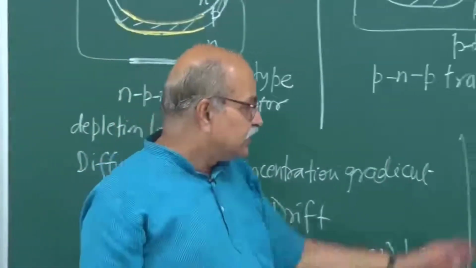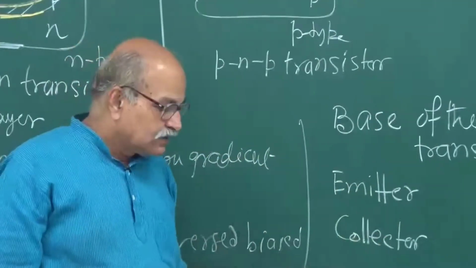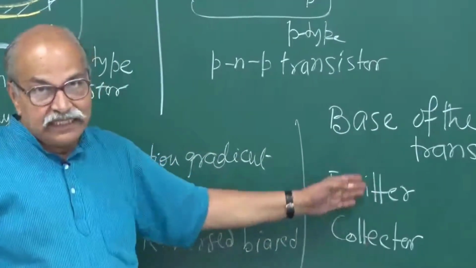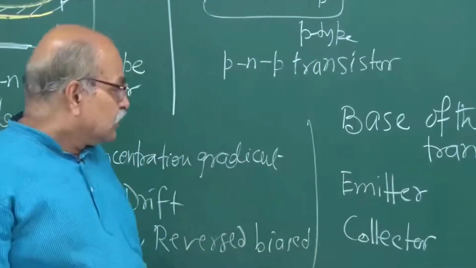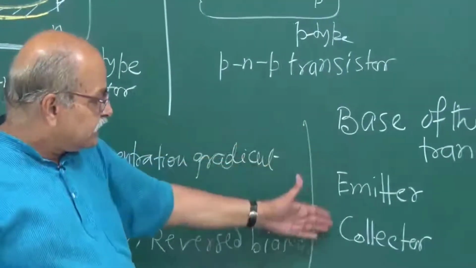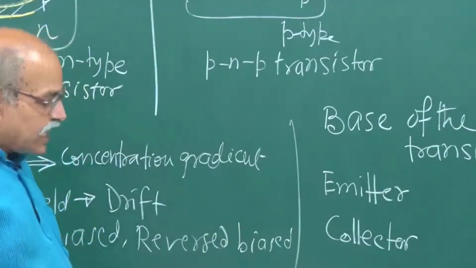What is the difference between these three? This is of course sandwiched, but these are on the two sides and of the same kind, n-type, but there is still a difference. Three things are there, and each will have different characteristics.